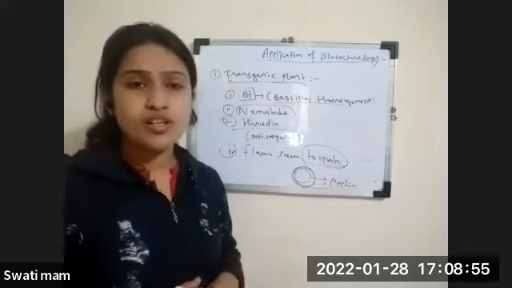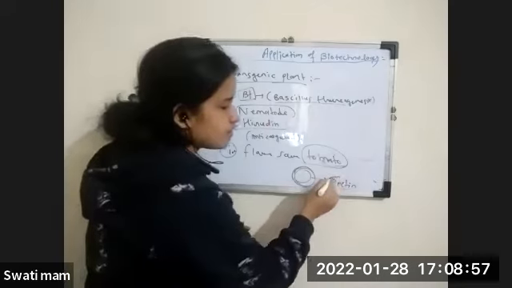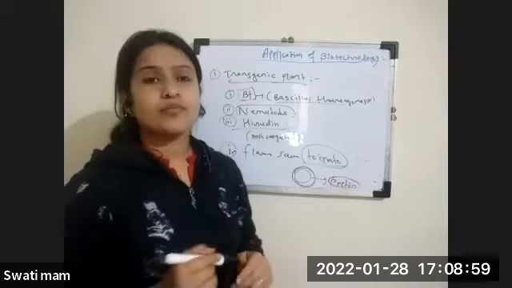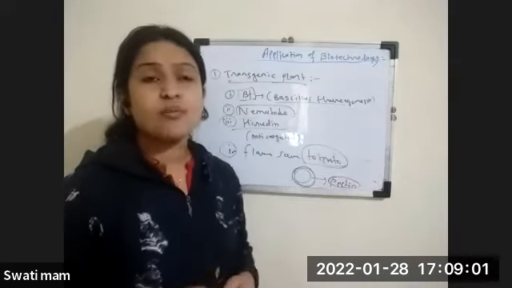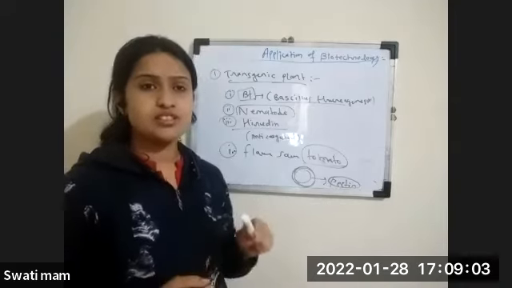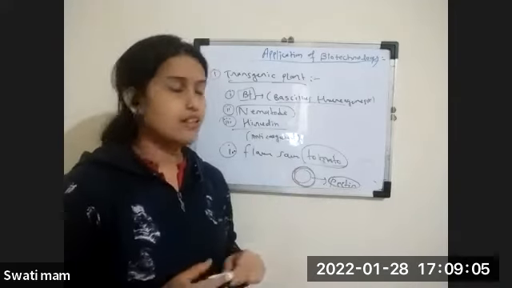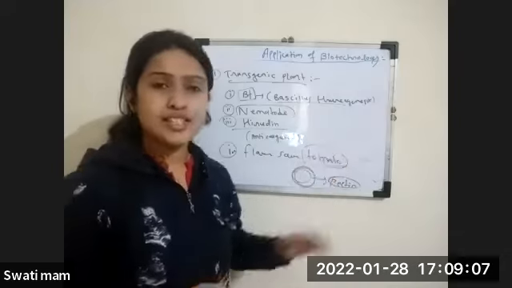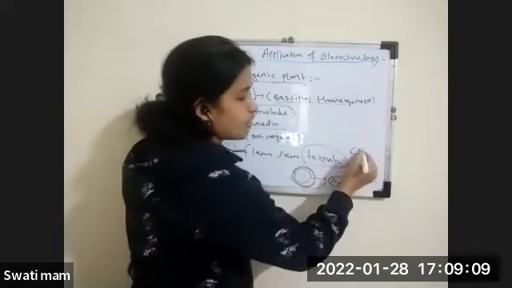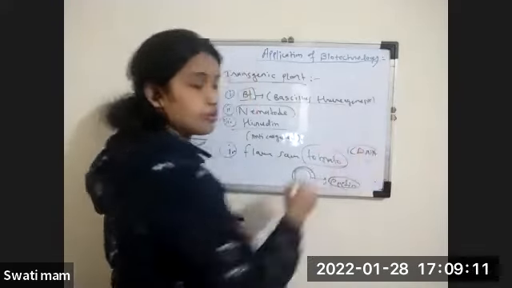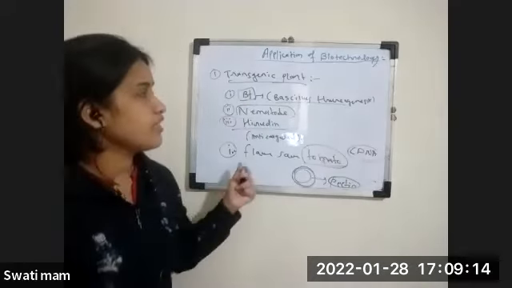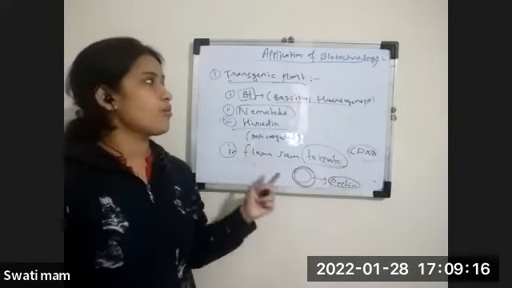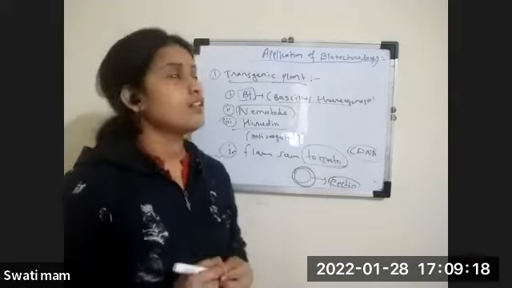So the scientists inactivated the pectin enzyme genes in that plant, and the process is carried out again by using a cDNA molecule. This is the way the tomatoes are formed by using transgenic plants.